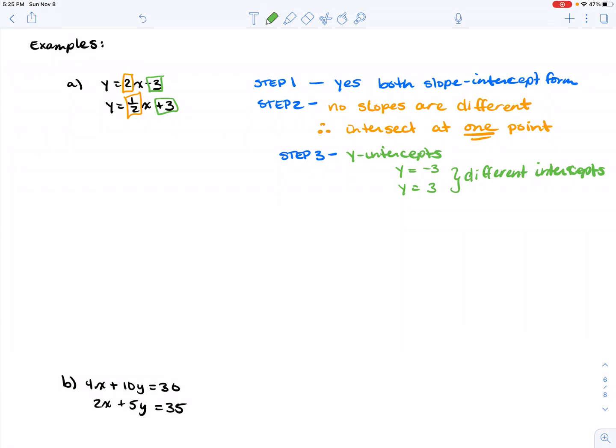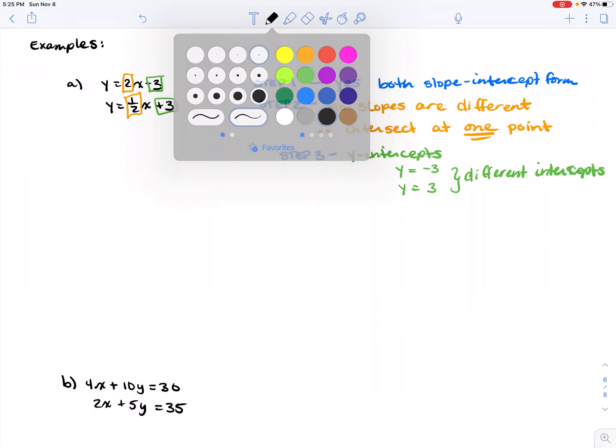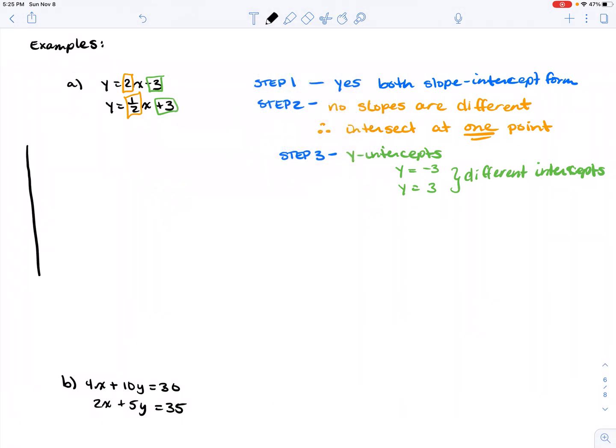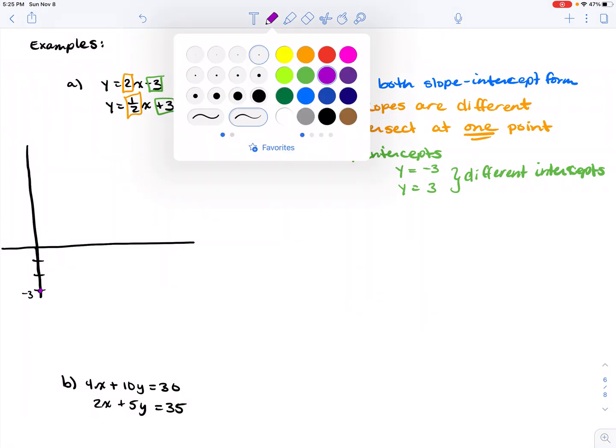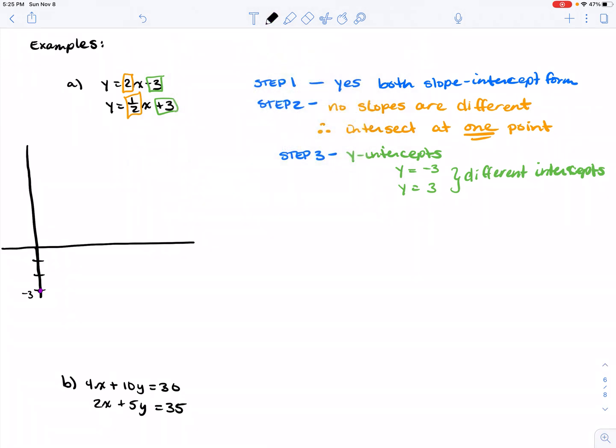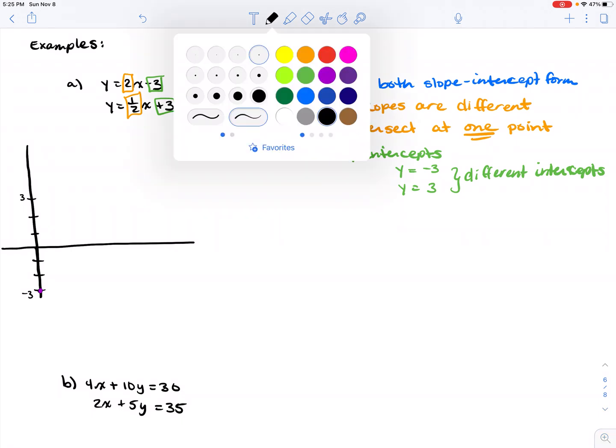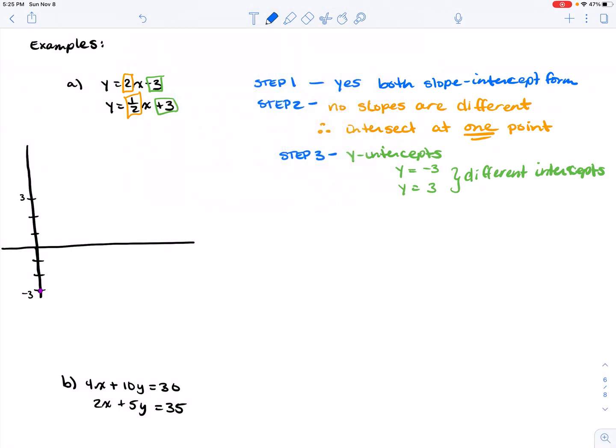So let's go ahead and graph this. I have a y-intercept at -3, so I'm going to have one there. Let's put that in purple. And I have another one at +3. I'll put that one in blue.